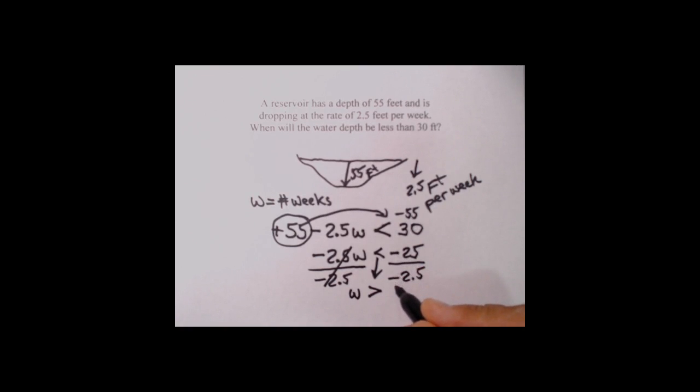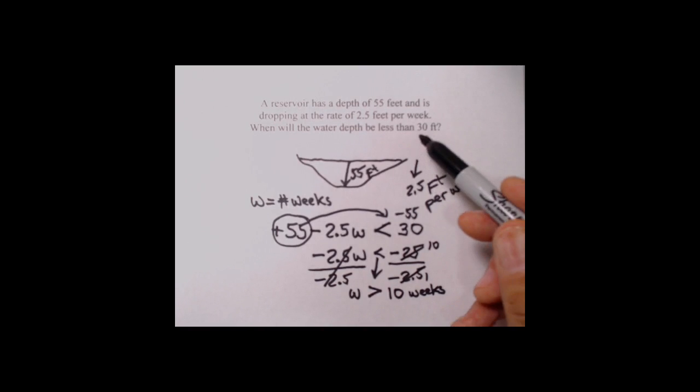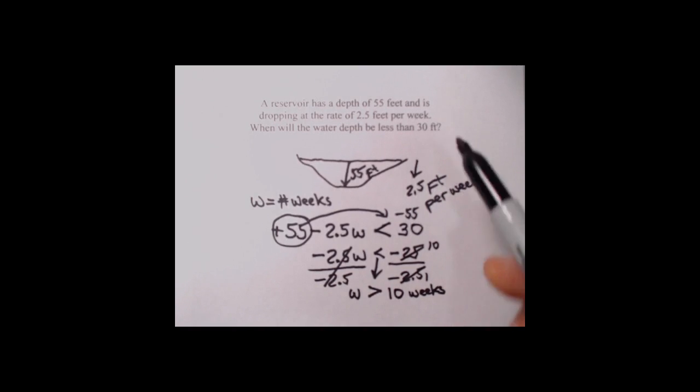Notice the two minuses give me a plus here, and 2.5 goes into 25 10 times, so the number of weeks has to be greater than 10 weeks. So anytime beyond 10 weeks, the water depth will be less than 30 feet.